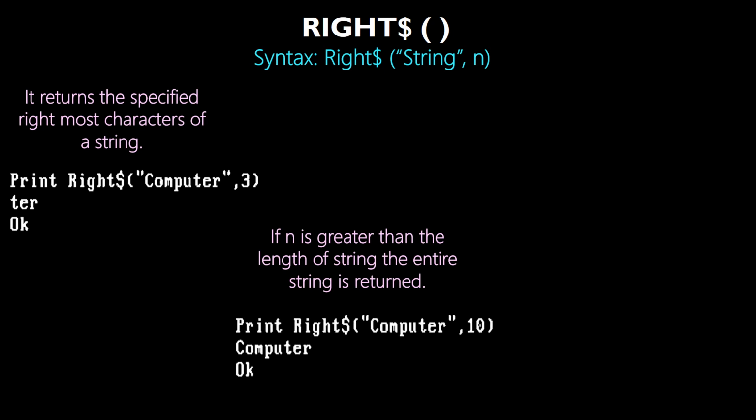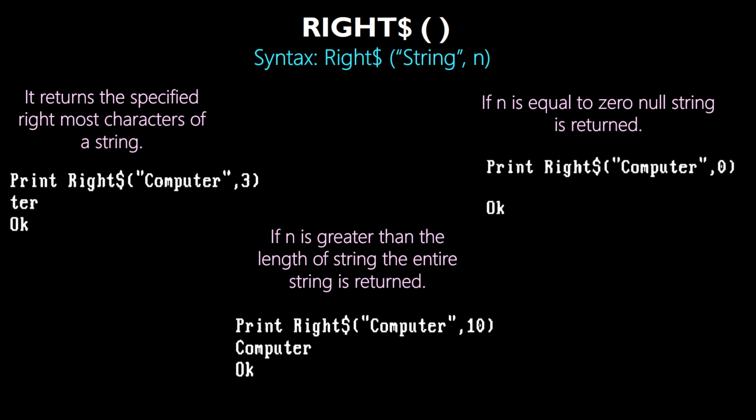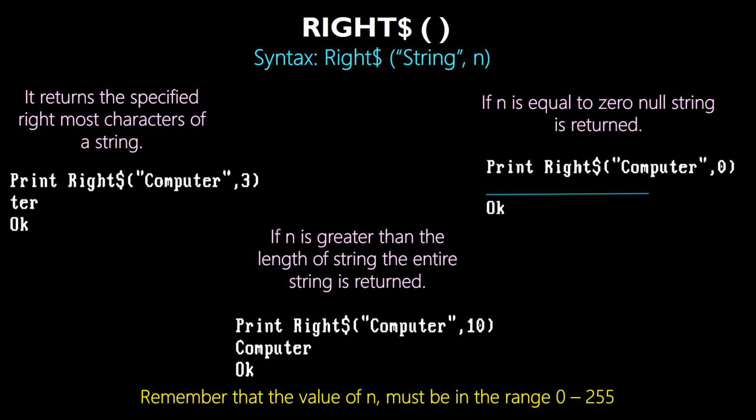Just as in this case, PRINT RIGHT$("computer", 10) will return the whole computer string. And if n is equal to 0, a null string is returned. As in this example, PRINT RIGHT$("computer", 0) means a null string would be returned. Remember that the value of n must be in the range of 0 to 255.